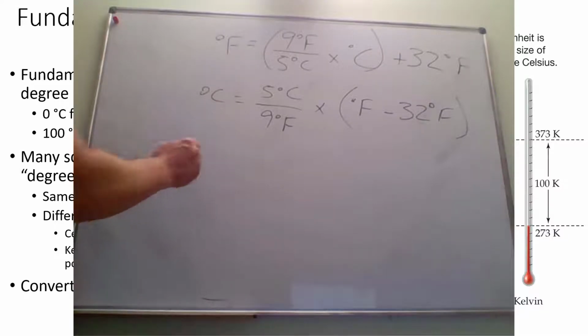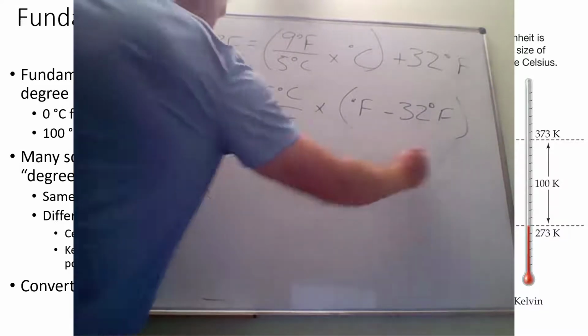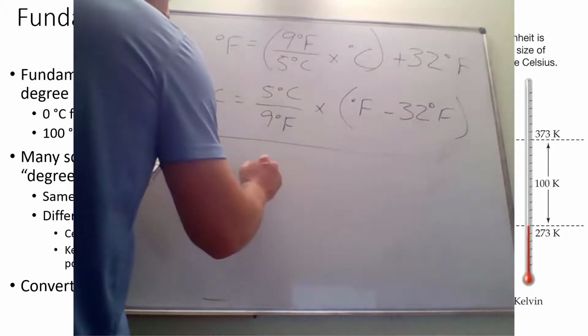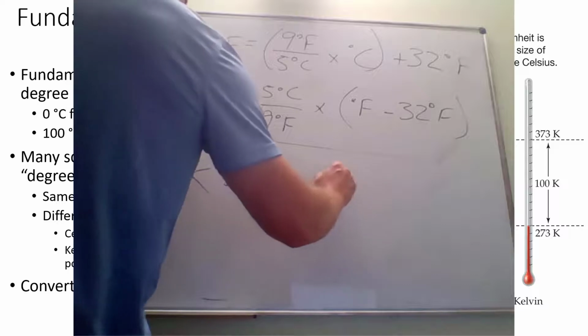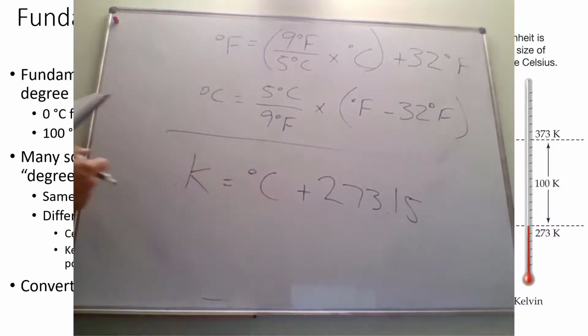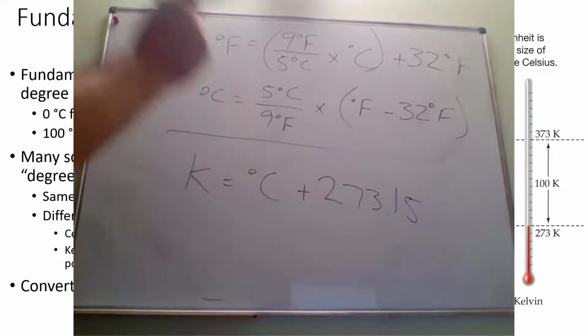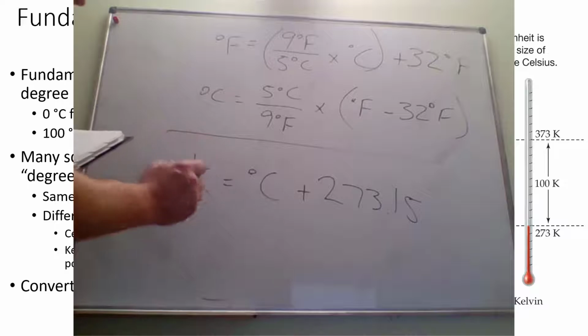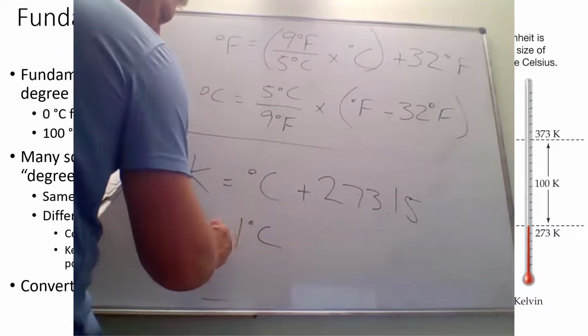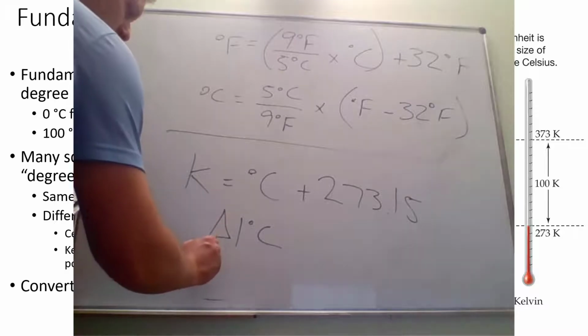And if we're talking about temperature in Kelvin, Kelvin is equal to our degree Celsius temperature plus 273.15. And the important part is the distance between 1 degree Celsius. So a change, delta means change.